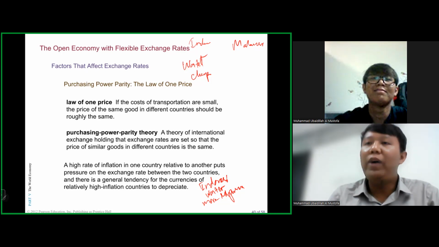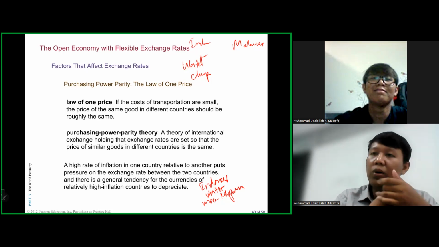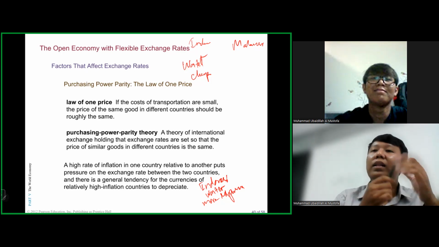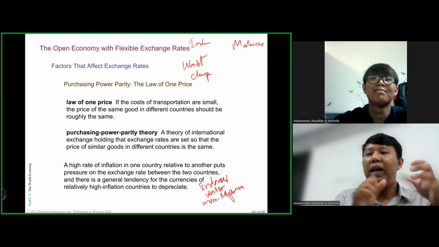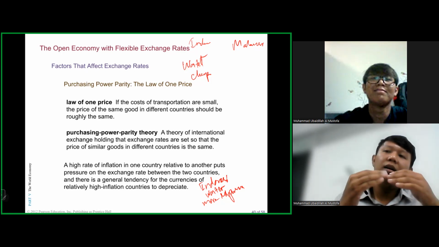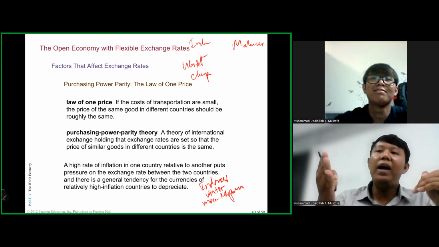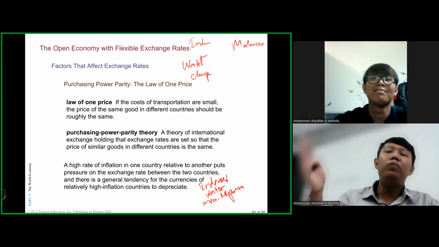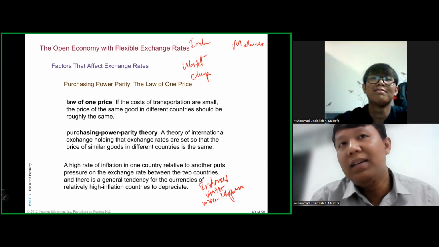So whenever we have inflation, our products become more expensive relative to other products coming from abroad. This will make nobody want to buy our products, so the decrease in demand will lead to a decrease in demand for our currency, and it will depreciate our rupiah, our local currency.